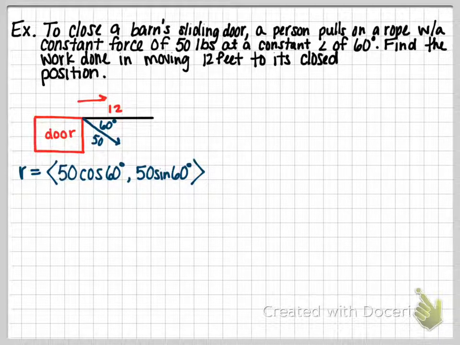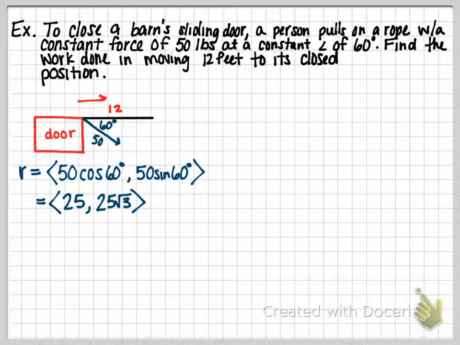We know that the cosine at 60 is a half, so half of 50 is going to give me 25. We know that the sine at 60 is square root 3 over 2. So 50 times square root 3 over 2 is going to give me 25 square root 3. All right, so there's the rope vector.